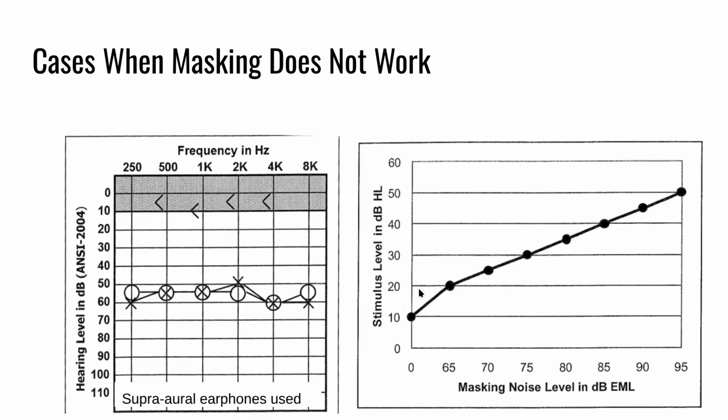This is bilateral conductive. This is a different audiogram using supraoral earphones. Bilateral conductive with large bilateral conductive components. By the time we reach the level to overcome undermasking, we're in the area of overmasking. So there is no effective masking region. We go from undermasking to overmasking directly, and we see a straight line. So this is a masking dilemma.